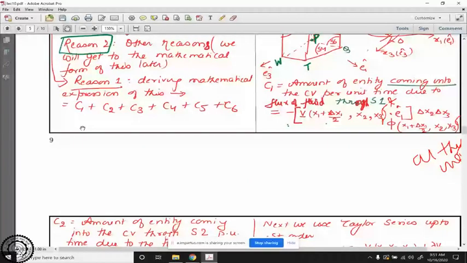C1 and C2 will combine and give a simplified expression. We will recognize the pattern, and then we can write expressions for C3 plus C4 directly, C5 plus C6 directly. Somebody who is not comfortable with pattern recognition is of course free to go and do the full derivations, but we will not do that.